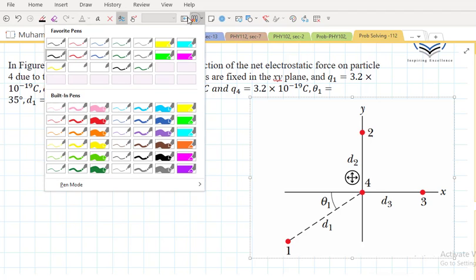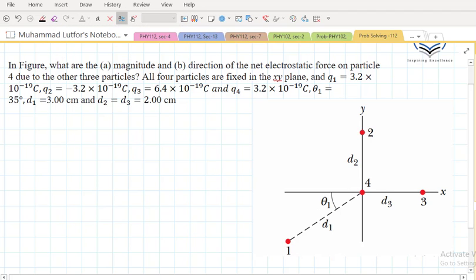Fine. So first of all, this is the given information. Q1 is plus 3.2 times 10 to the power minus 19 coulomb, and Q2 is negative, minus 3.2 times 10 to the minus 19 coulomb.